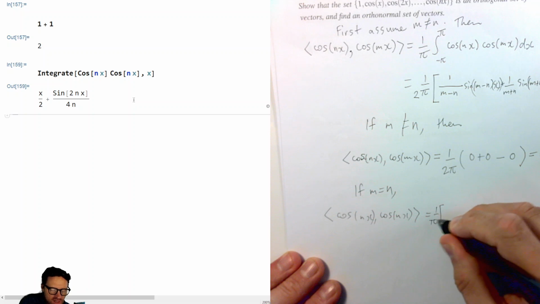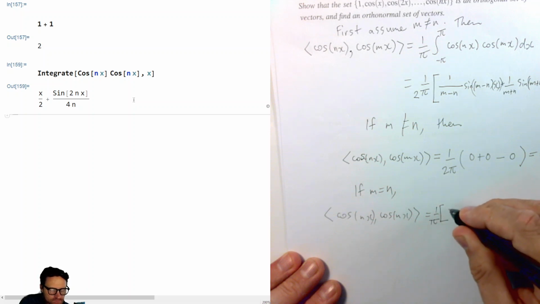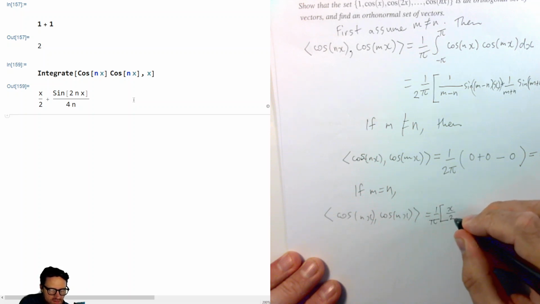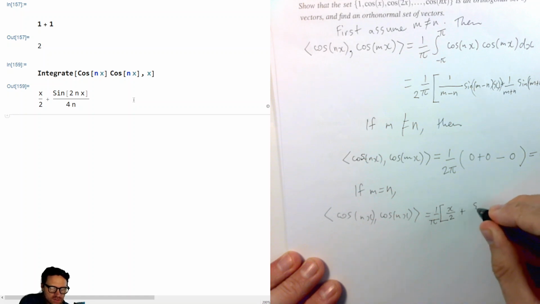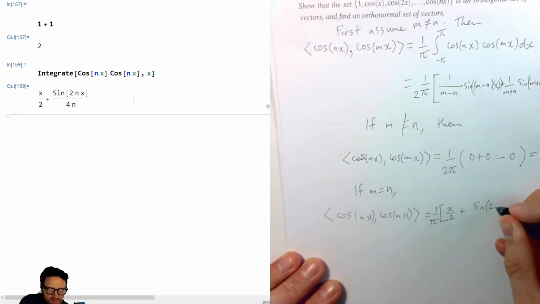So we have 1 on pi, x on 2 plus sine of 2nx on 4n, from minus pi to pi.